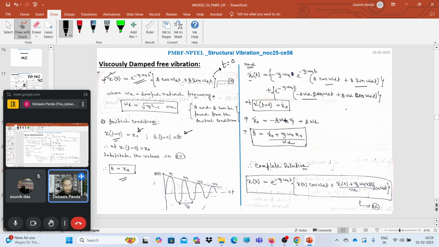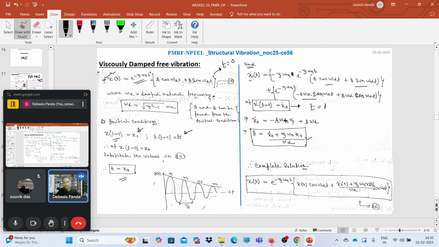Now, for the initial condition, the velocity at t equals 0 is x dot naught. From here, after simplifying, we will get B equals (x dot naught plus zeta omega n x naught) divided by omega d.